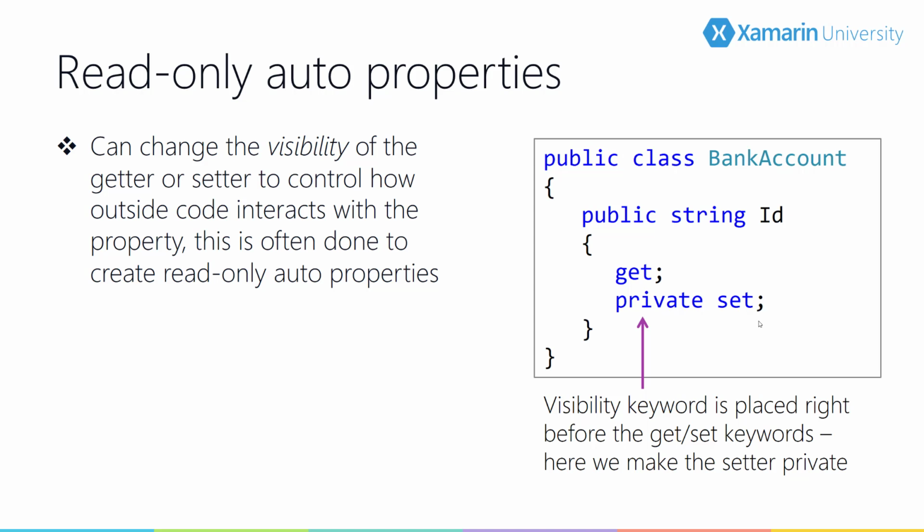So now this can be updated and assigned inside the class itself, but for all other classes that are using this, it is private set, so it looks like it's read-only from their viewpoint. So you could do cool things like that. And then finally, another argument for always using properties is that maybe in the future you will want to add logic to these, and since you already have half of it done, it's pretty easy to add the rest.